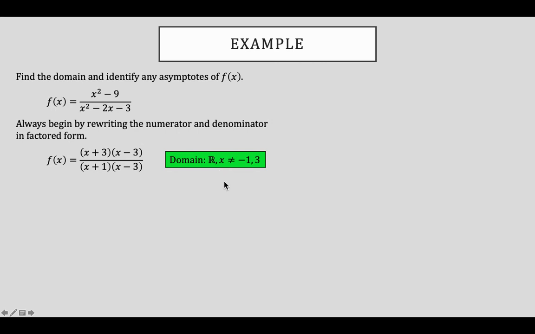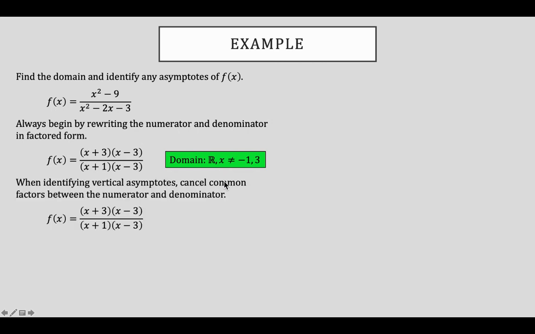So let's think about finding vertical asymptotes. As we said on the last slide, when identifying vertical asymptotes, cancel common factors between the numerator and the denominator. We want to get rid of any common factors. Well, we notice that x minus 3 and x minus 3 are common factors, and so we can cancel them out.